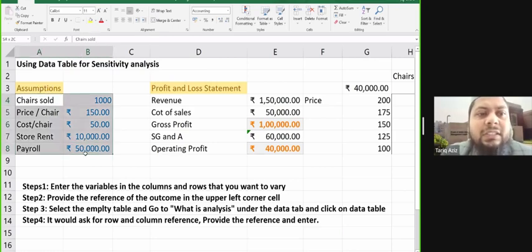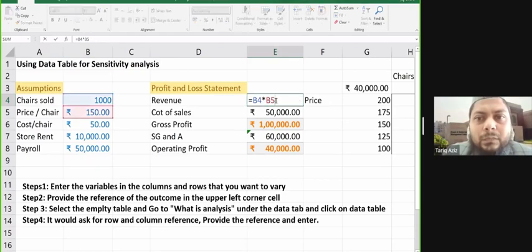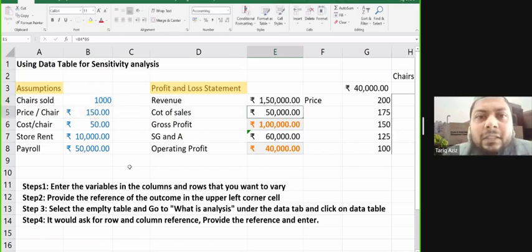So based on this data that has been given, we can calculate the profit of this business. So revenue is nothing but how many chairs have been sold, that is B4, multiplied by price per chair. So per chair price is 150. So once we multiply that, revenue will be calculated. So total revenue is 1,50,000.